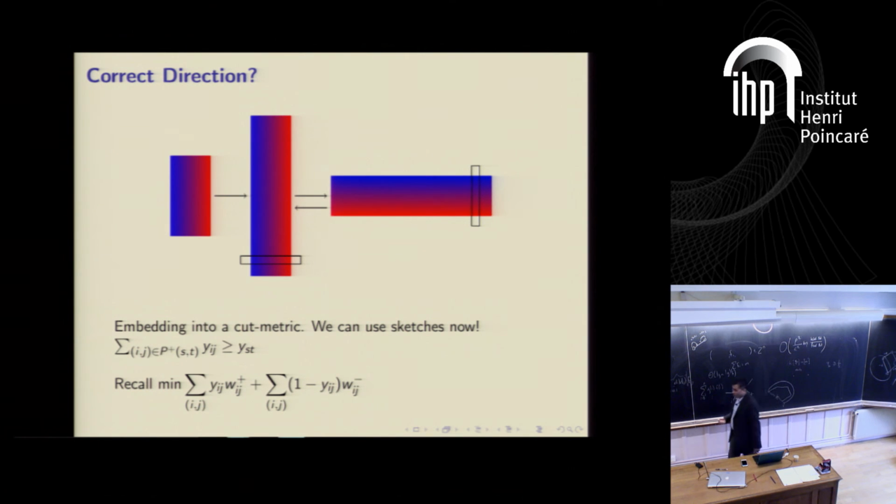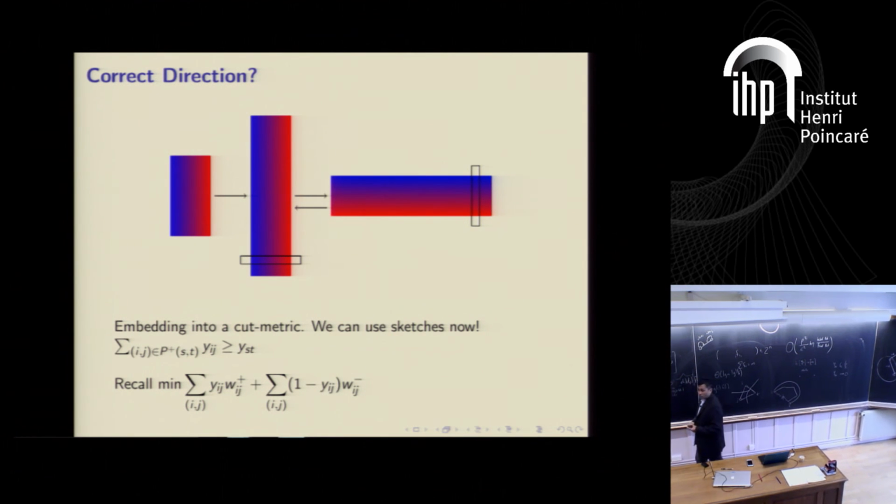I'm already paying for it. Suppose YST was less than 1/3, I am already paying for it in the objective function, which is at least 2/3. So if YST is less than 1/3, I can simply send YST to 0. My objective function would not change.